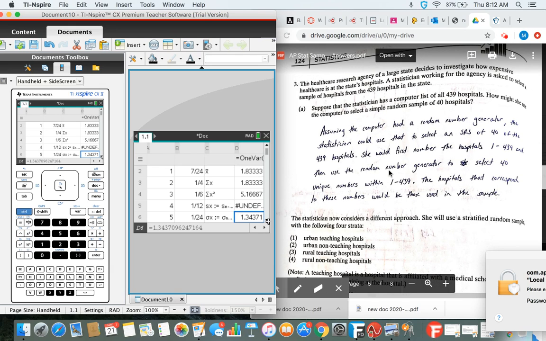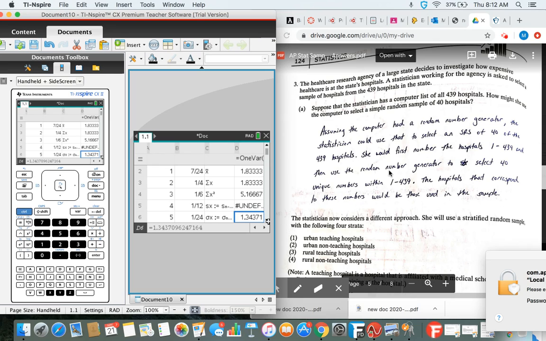All right, question 3 here talks about how we would go about generating random samples. Okay, the hat method certainly might be the one we most feel confident with. This one here asked us to talk about how you can get it from a computer. So I just said, assuming the computer has a random number generator like our TI-Nspire did, you would be able to generate a set of random integers between a certain set of values.